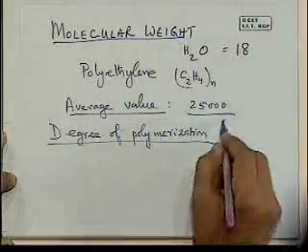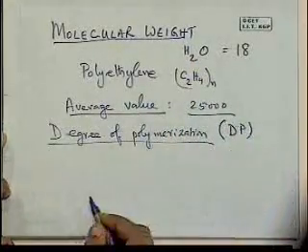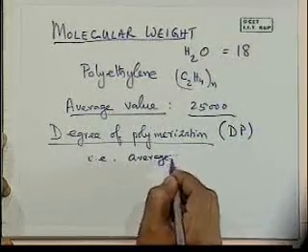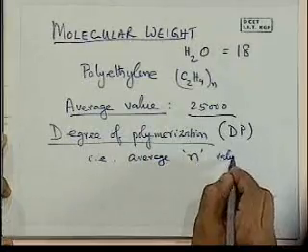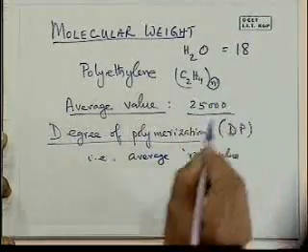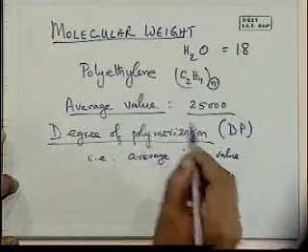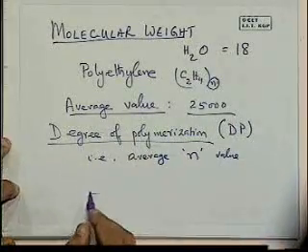Anyway, we come to degree of polymerization, dP, and basically what is the average N value? I said that N varies, and so when we talk of degree of polymerization, we are asking the question, what is the average value of N?